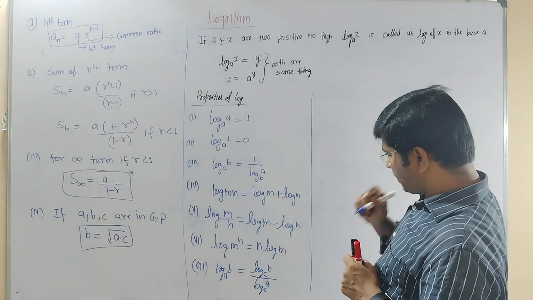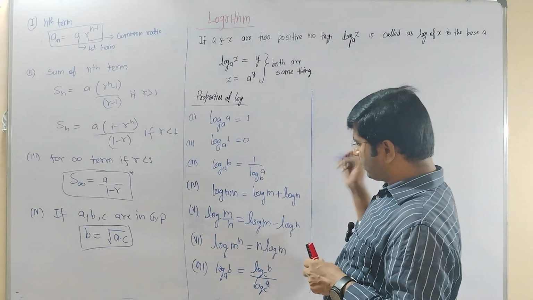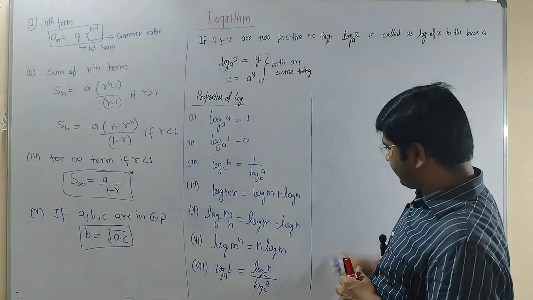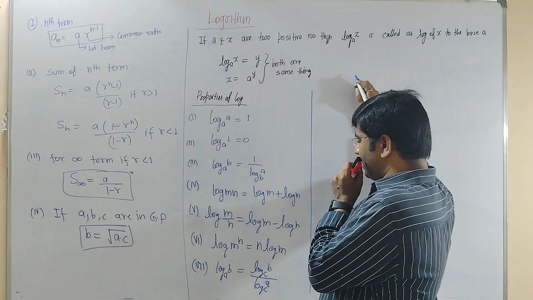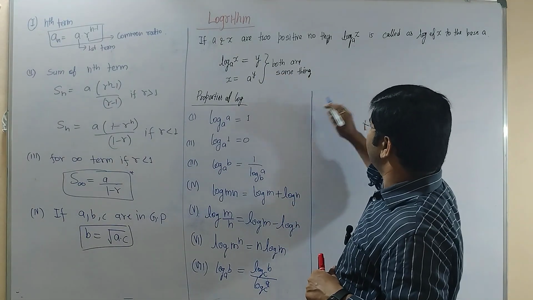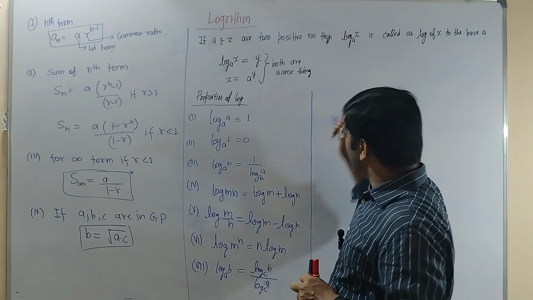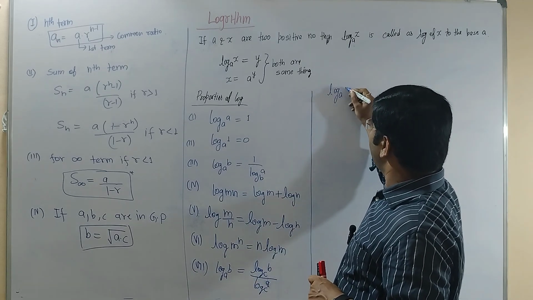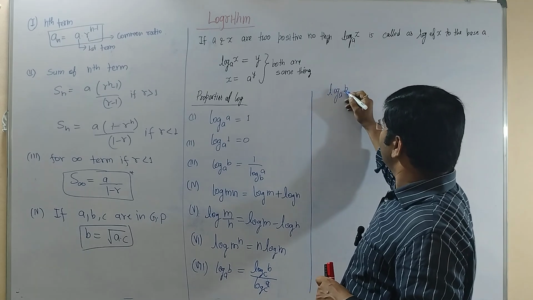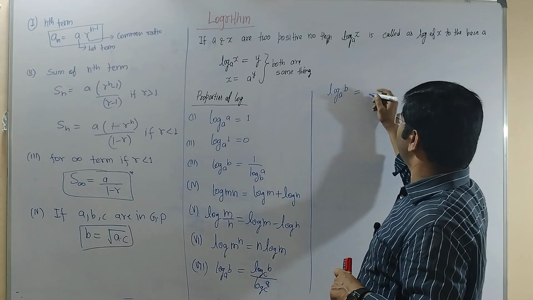Next formula is power. So next, base interchange. Base interchange means, let's say if there are numbers a and b, and here let's say this is some number c.